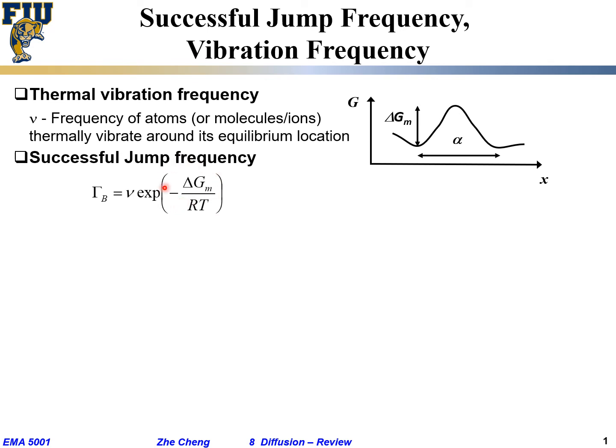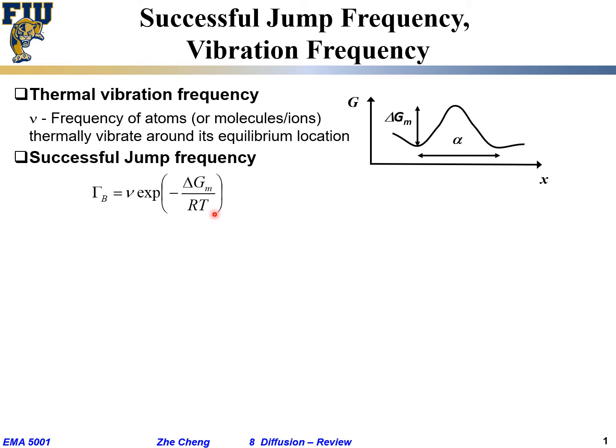That gives us the probability for an individual jump to be able to overcome this barrier and land in the neighboring site. Of course, it has a negative in the exponential term, which means it's always a positive number, but it's a low probability.